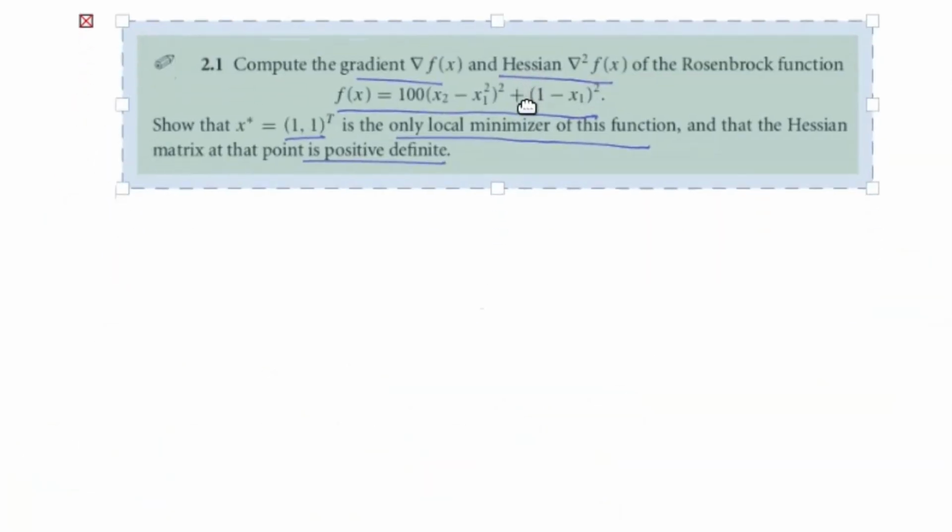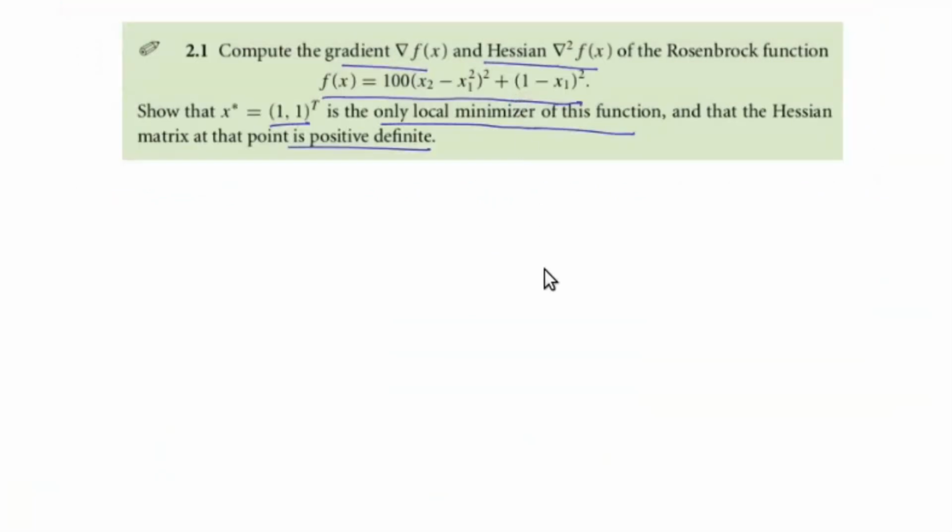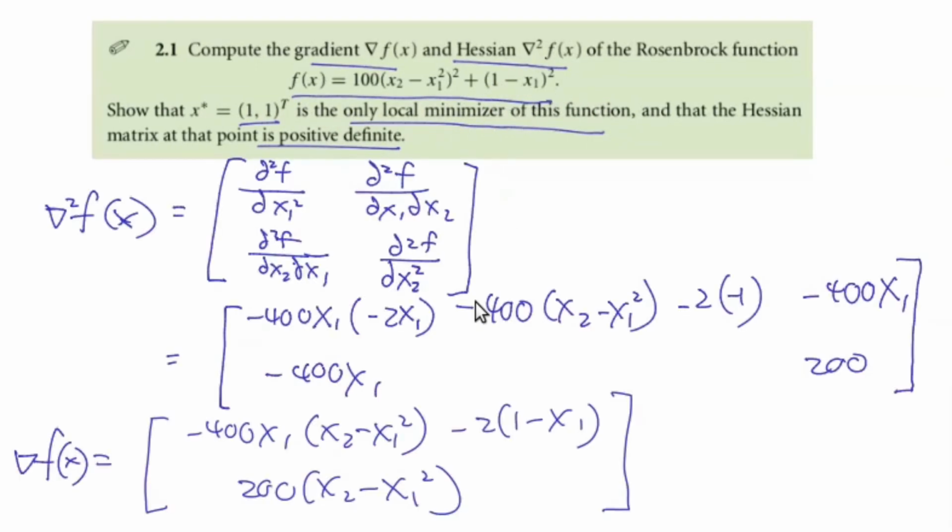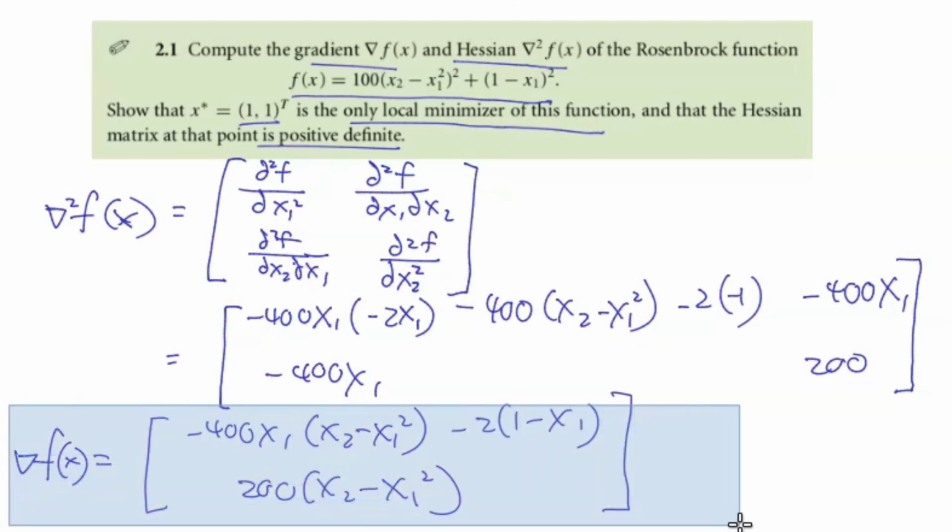Now, how to know whether it's a local minimizer? You see from the gradient we have here, let me copy. I copy to there.